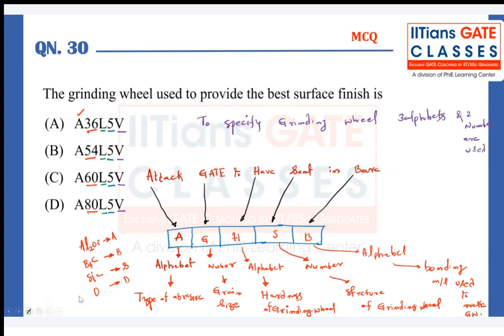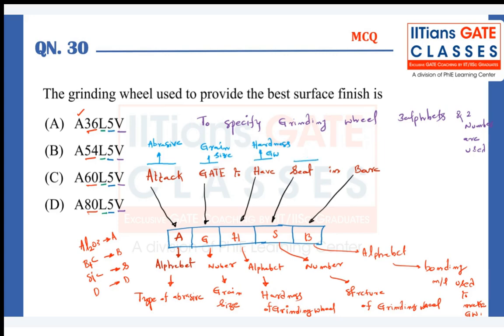Now if you want, I can write it simply. This indicates the type of abrasive particles used. This indicates the grain size of the particles, whether small grain size or large grain size. H indicates the hardness of the grinding wheel, GW meaning grinding wheel.